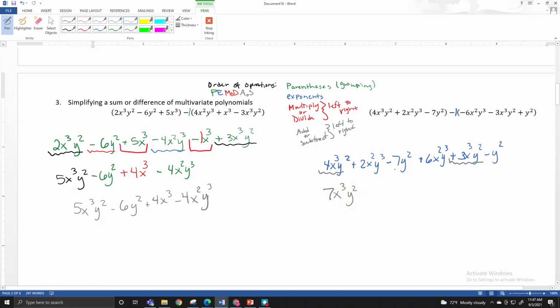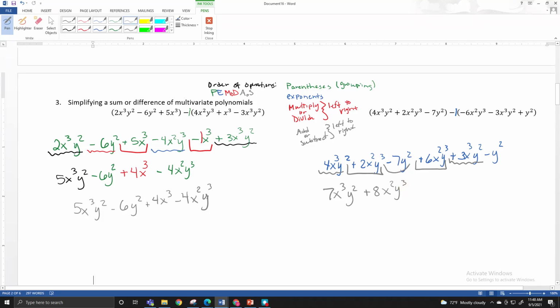All right, so I'm going to keep everything the same color. Now my next one is x squared y cubed. Nope, this one, x squared y cubed. So I have 2 plus 6 is 8x squared y cubed.